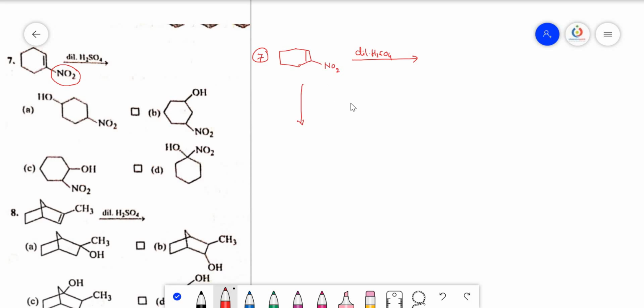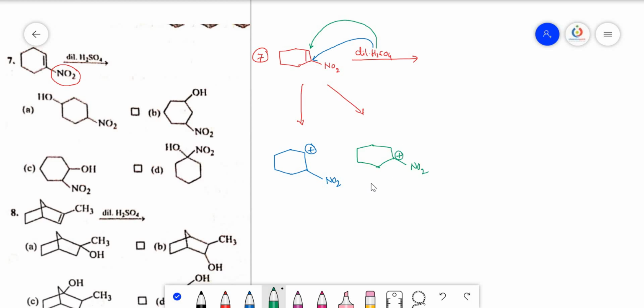So I will write the two possibilities here first of all. If the H+ ion attacks this carbon atom, I will take it as one compound in blue ink. So NO2, and if the H+ ion attacks over here, here you will get the positive charge. Now let us take the green color. Imagine that the H+ ion attacks over there. So here NO2 as usual. If the H+ ion attacks over here, you will get the positive charge over this carbon atom.